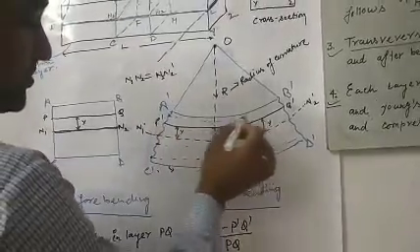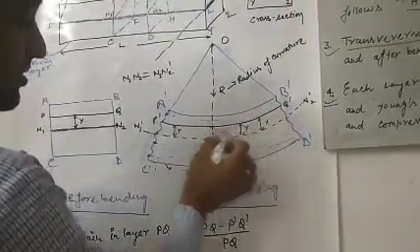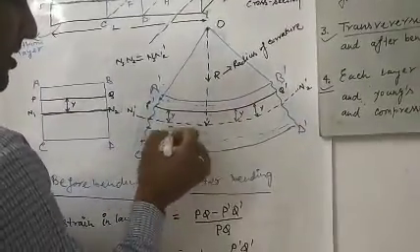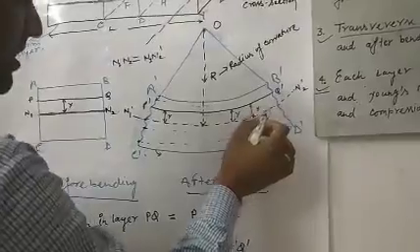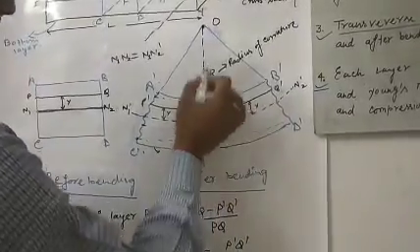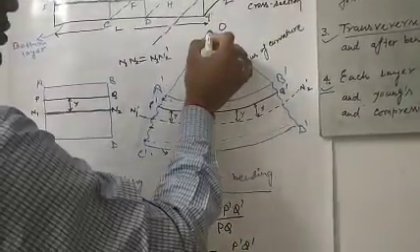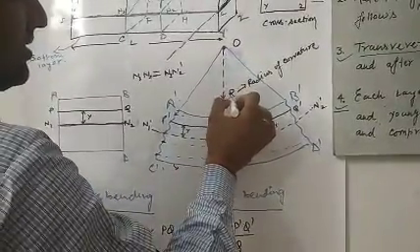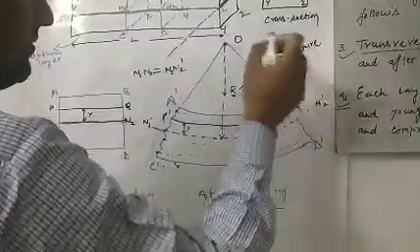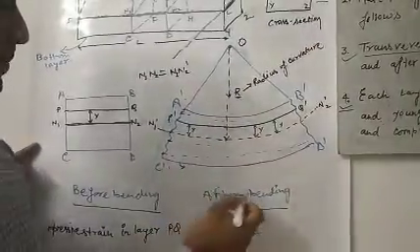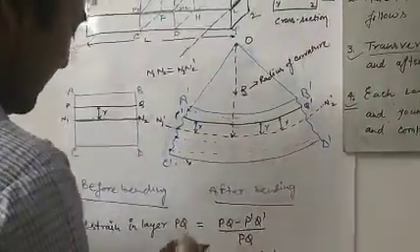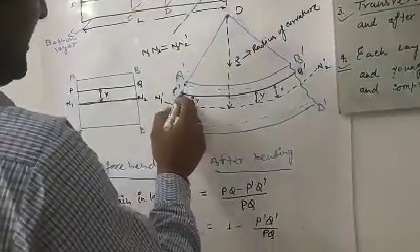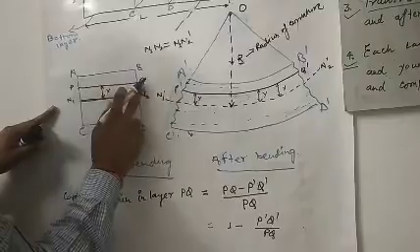Right? Now, the curvature of the beam. So there is an arc, right? The beam is bent in the form of an arc. When we make a center of this arc, then O represents the center of this whole curvature, and R is the radius of curvature for the bending situation of the beam. Right? Now, we are going to calculate the strain in layer PQ.